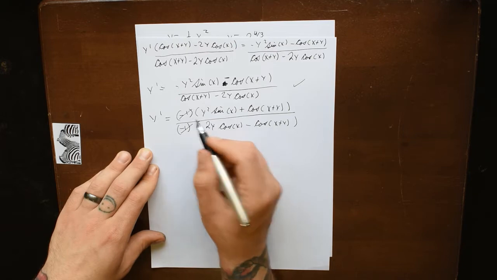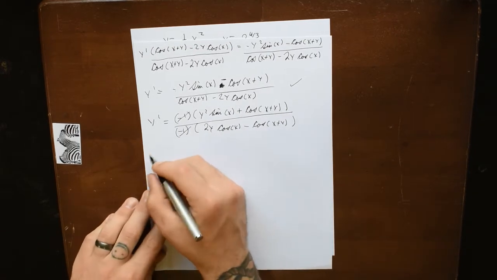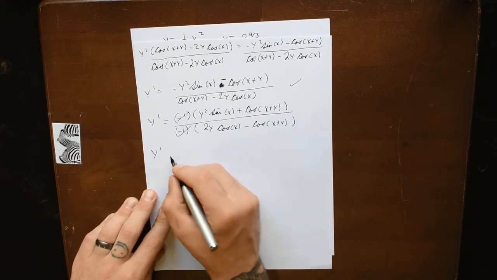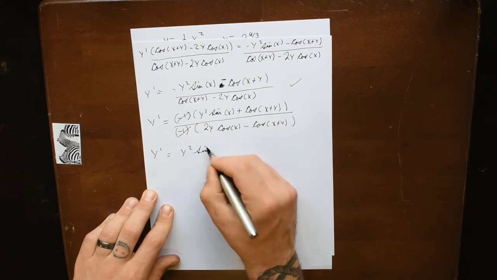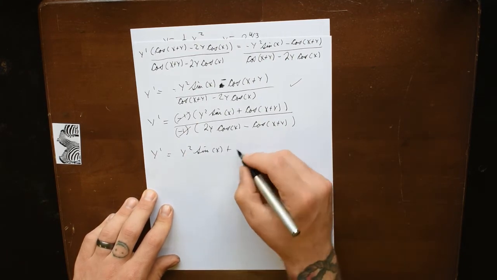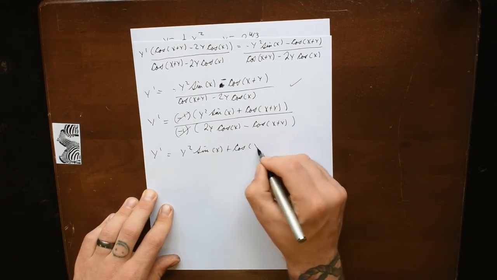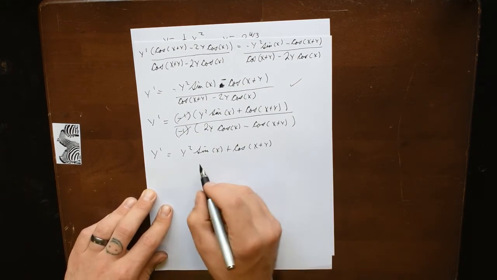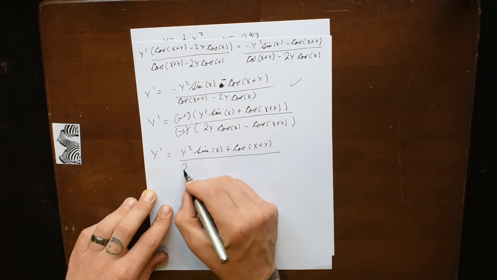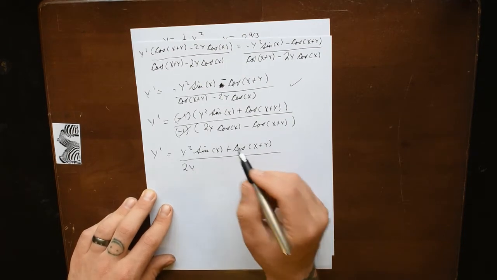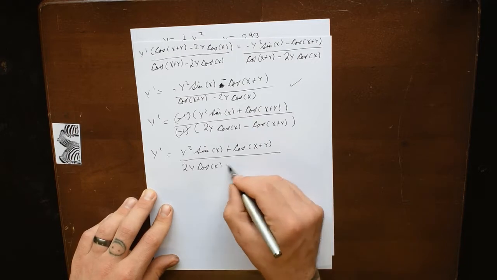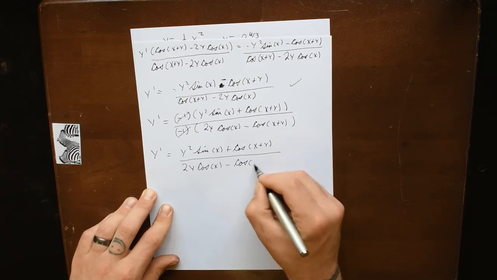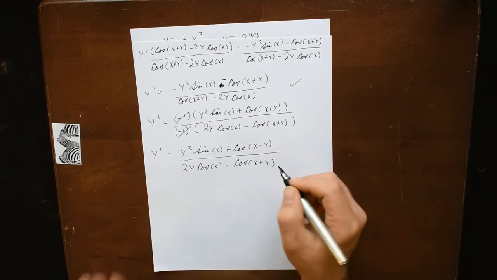These minus ones will cancel. And the answer that the book gets is y squared times the sine of x plus the cosine of x plus y, divided by 2y cosine of x minus the cosine of x plus y.